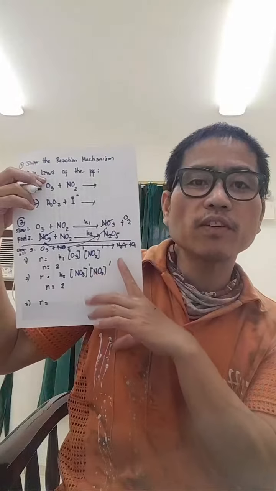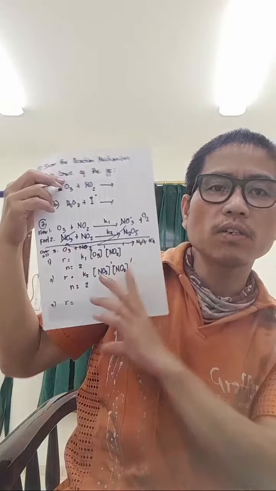So here we can determine the rate law. R is equal to K3, or just K. Okay, no problem. K1, K2, this one becomes KT, or K3, or just K. It doesn't matter. K is equal to [NO2]^1 [O3]^1.